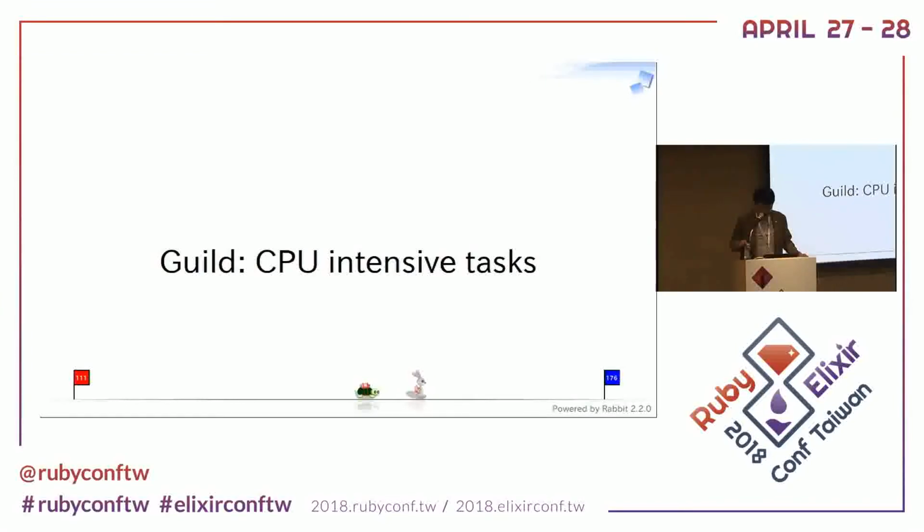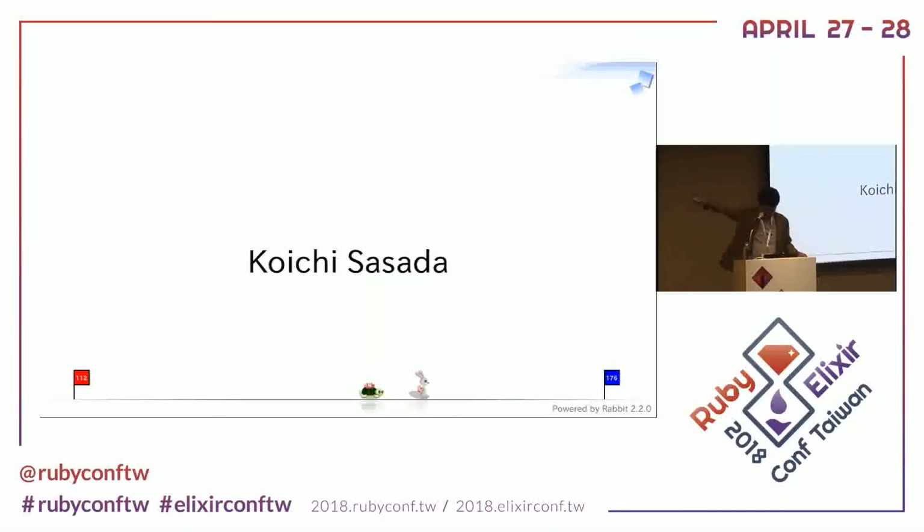And then the Guild, which is for CPU-intensive tasks. Imagine something like web workers in JavaScript, a totally isolated space for the task. Koichi is in charge of this idea.